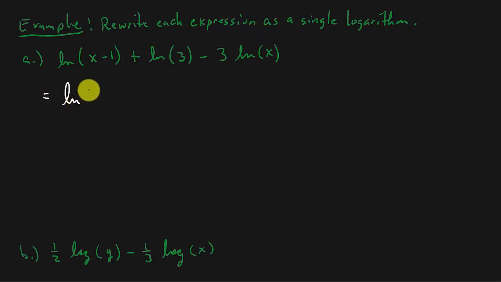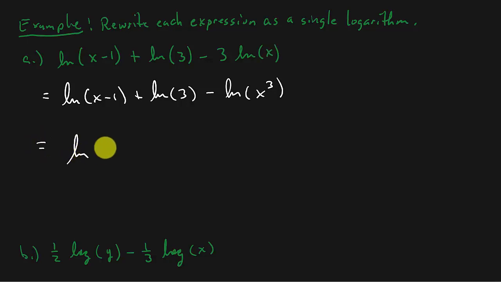So that's going to be natural log x minus 1 plus natural log 3 minus natural log x cubed. All right, so I just threw the 3 back into the exponent. And so this is going to be natural log, and this is going to be 3 times x minus 1 over x cubed.